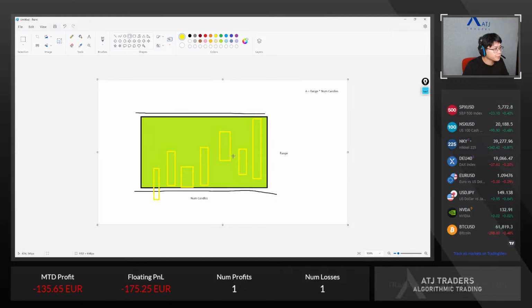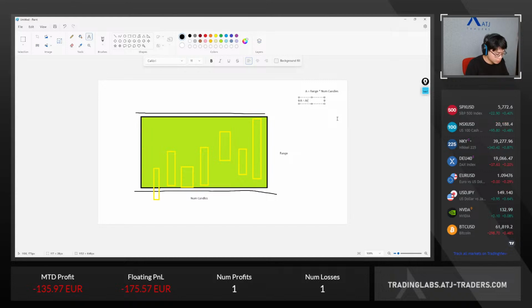So if we take the area of the candles, so this is my idea, the area of the candles, so let me call it candles, hopefully you can see it, is basically the sum of the candle range of all candles that are in this, right?